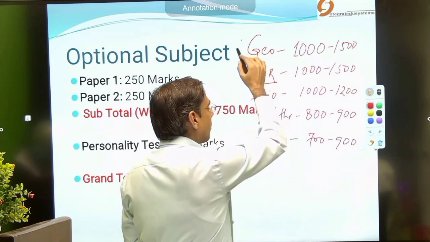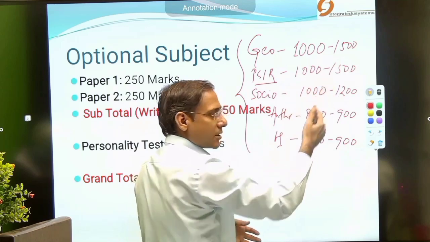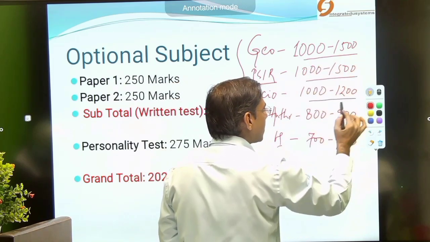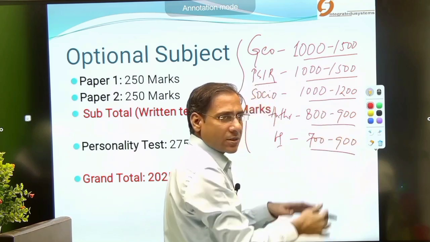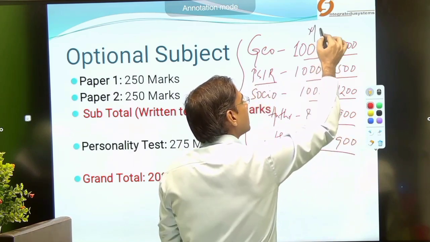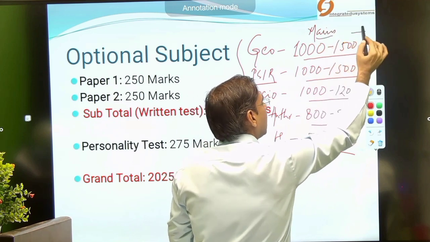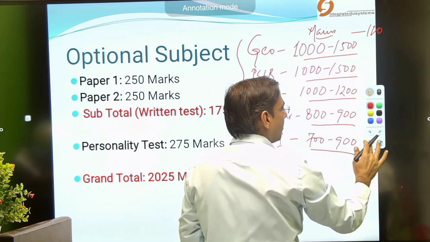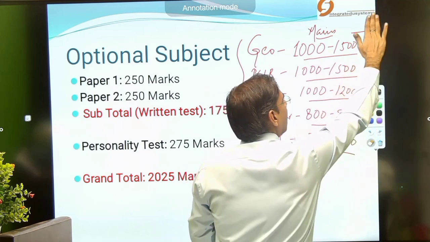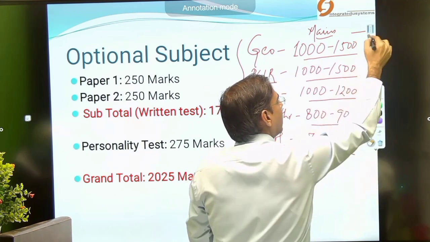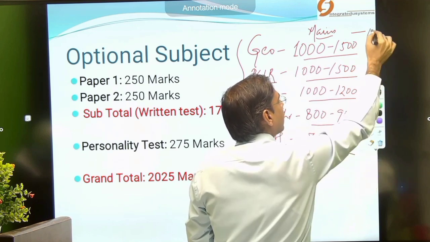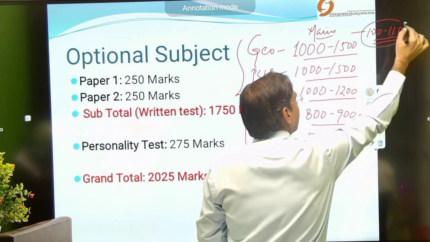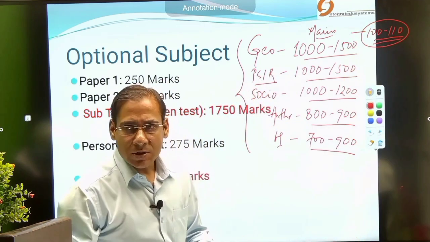So first of all, what do these trends suggest to you? Many students appear in mains. This is the statistics of those who appear in mains. In the merit list, between 100 to 110 candidates make their name in the final list from geography.